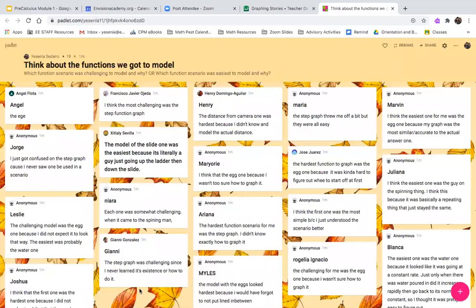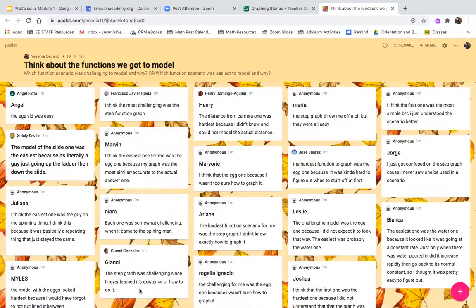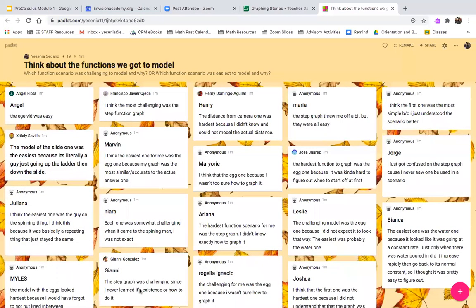All right, everyone, these are looking great. These are great reflections of what was the hardest, what was the easiest.